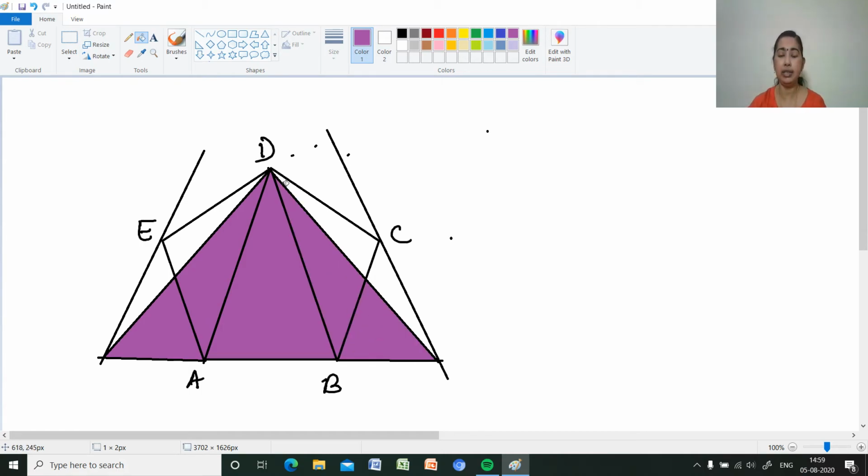And why are we saying that this triangle has equal area to that regular pentagon? What is the reason for that?